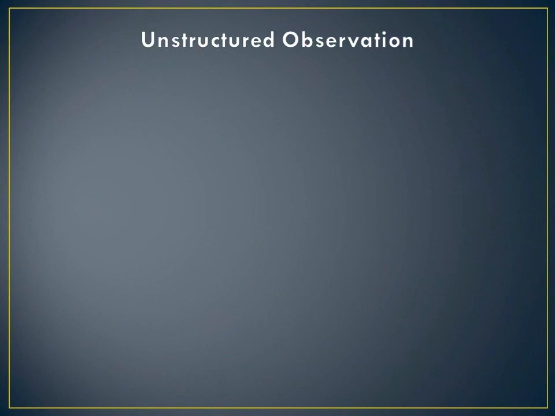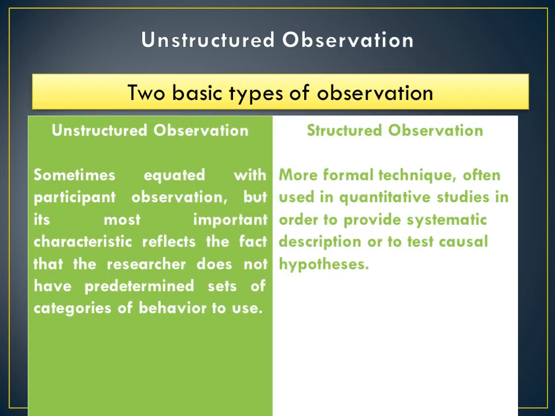Unstructured observation. There are two basic types of observation: the unstructured observation and structured observation. Unstructured observation is sometimes equated with participant observation, but its most important characteristic reflects the fact that the researcher does not have predetermined sets of categories of behavior to use. Therefore, it is a relatively flexible technique and is particularly useful in exploratory research.